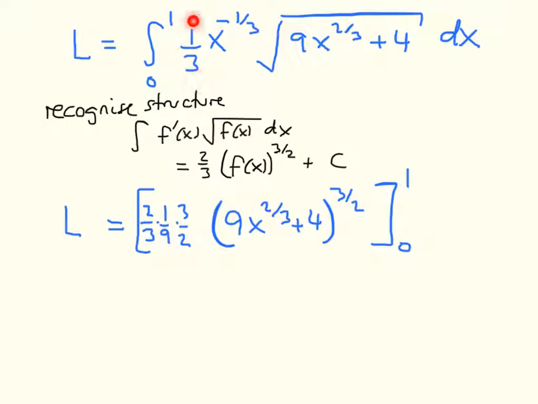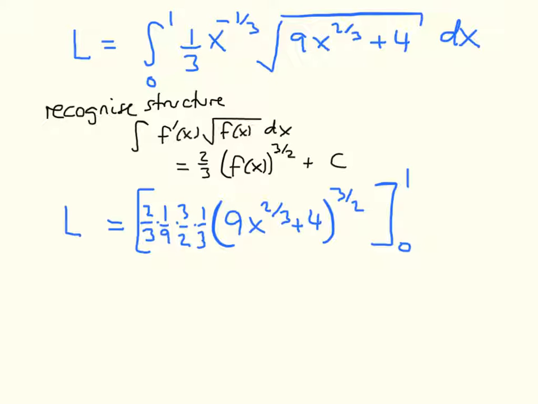But I want this factor of a third here, so I could just put it outside, or I can put it here. Let me put it here. And now, if I differentiate this with respect to x, I get exactly that. If you're not confident with this, it's worth checking very carefully, because you really want to try to get into the habit of getting the numbers right in this way, in my opinion.